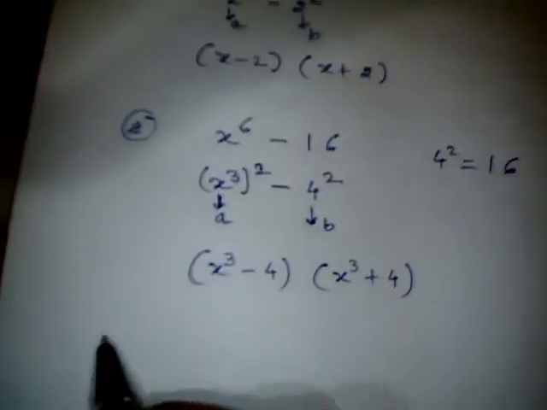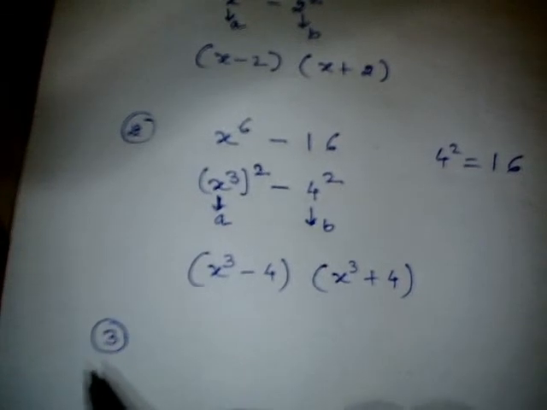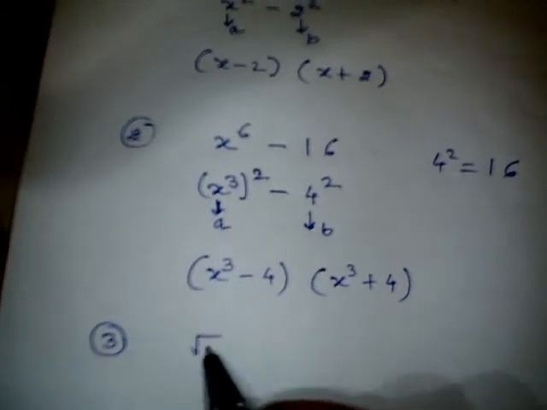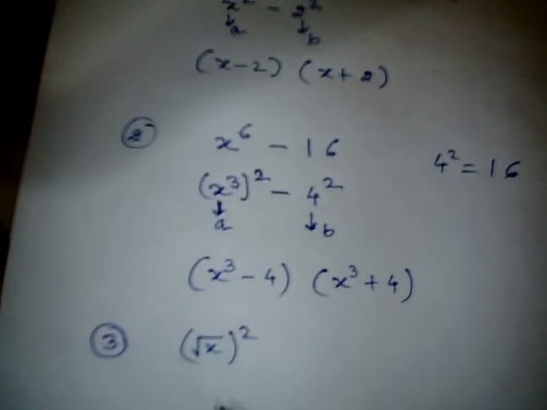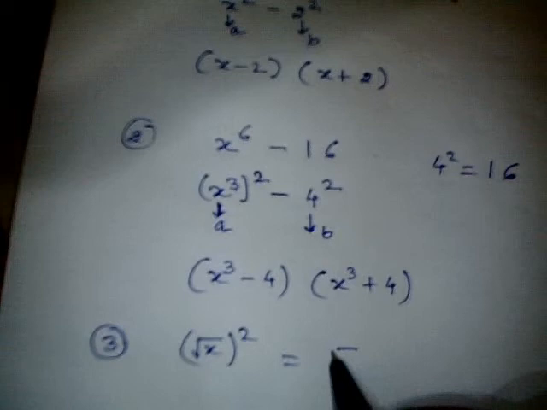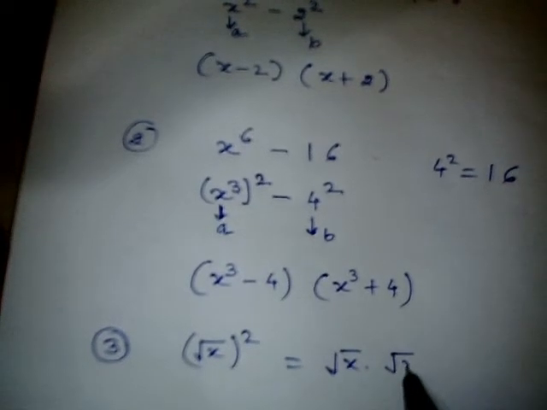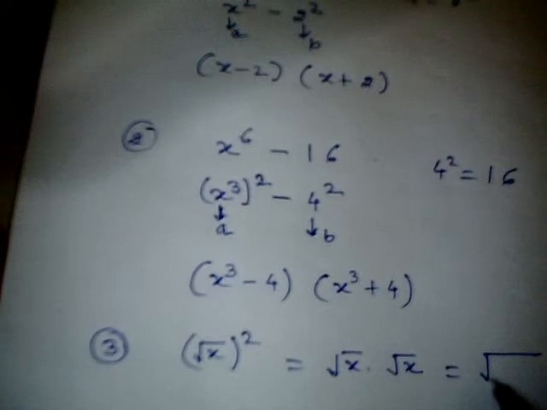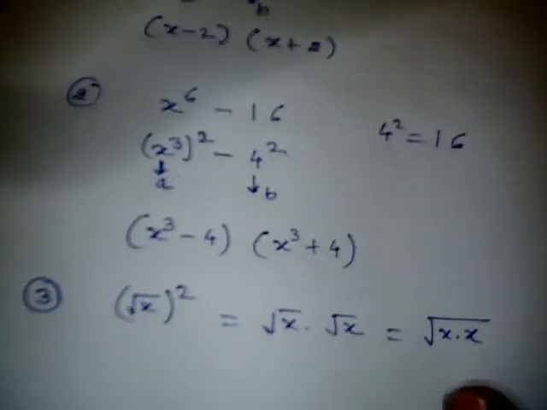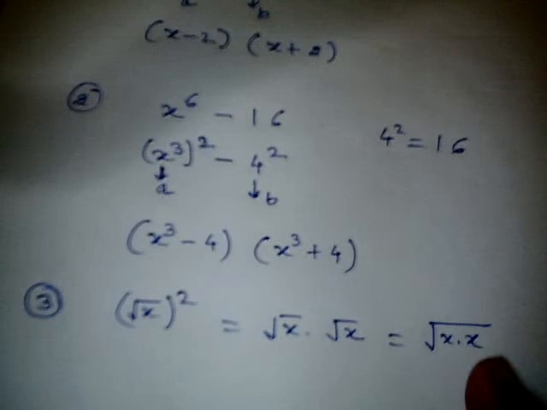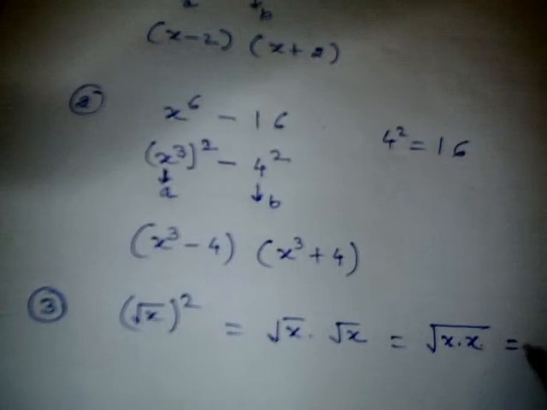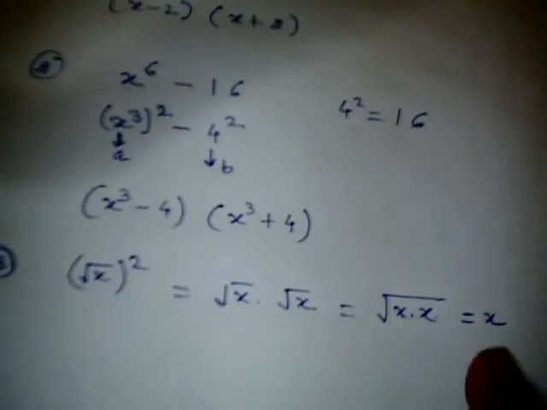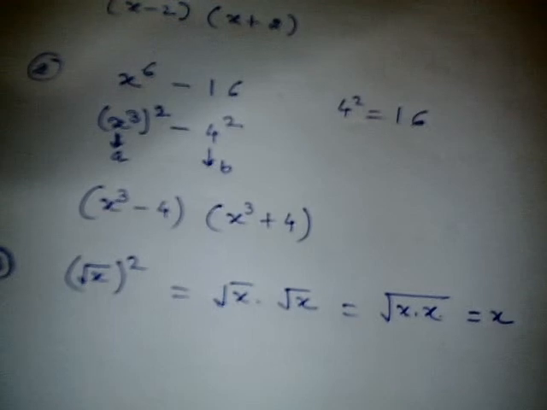Now third, first we work on something. Suppose it is written root x square, that means root x into root x. We can write the square root property: this x is repeating 2 times, so it is going to be x. Whenever you take the square of a square root term, that will give you the number inside the square root sign.